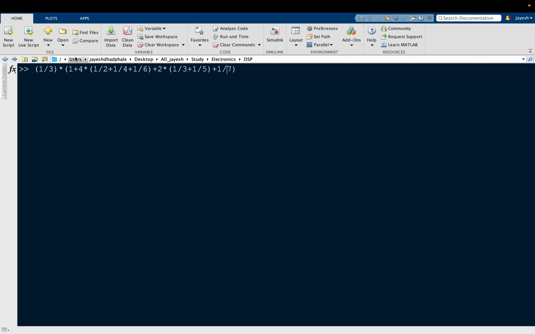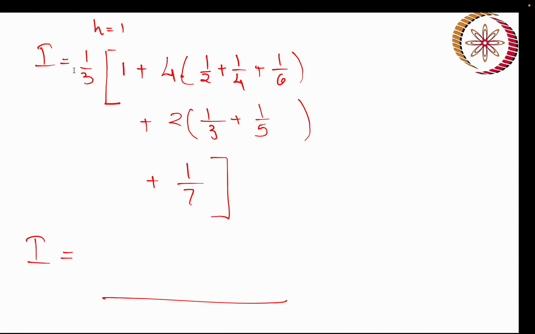So we have taken the first term, then 4 into odd terms, 2 into even terms, and the last term. So the result is 1.9587.